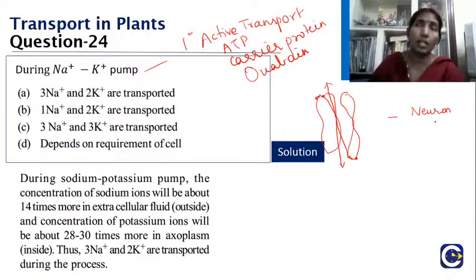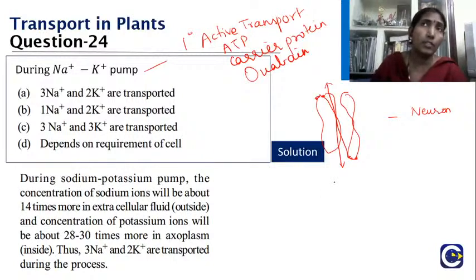That is the one which is creating the difference in electrical potential and initiating the development of depolarization. Then the wave of depolarization travels as an action potential. That is the reason for the sodium ions to be more outside than inside. So 3 sodium ions are pumped out for every 2 potassium ions pumped in.